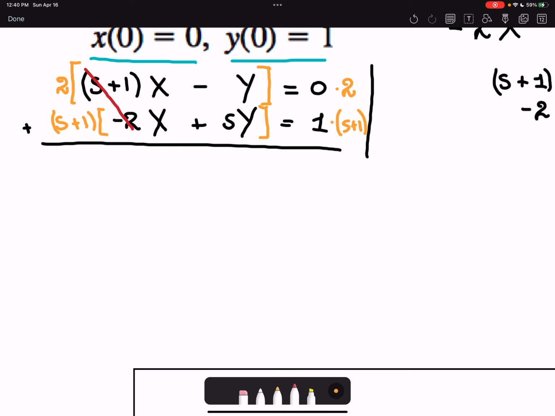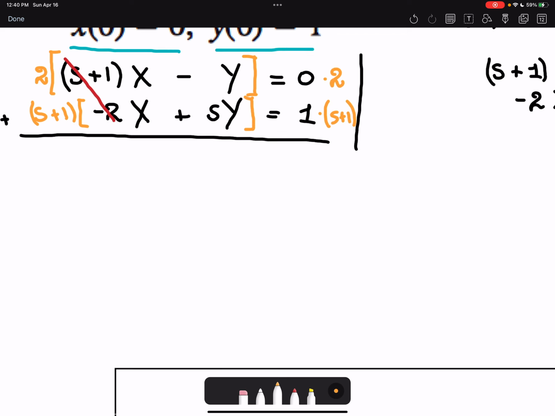And at the bottom, we're going to get, well, 2 times negative y. That's going to be negative 2y, negative 2. And I'm going to hold on writing the y because I'll factor it out. And then here we're going to have s plus 1, s plus 1. And we have that s, so plus s, so I can write it over here, right?